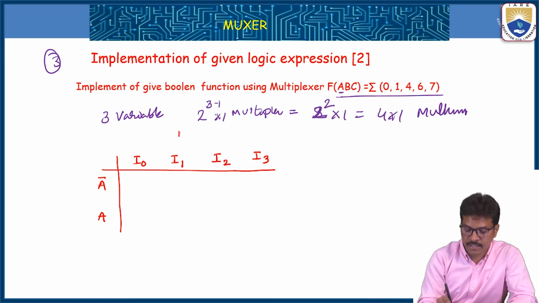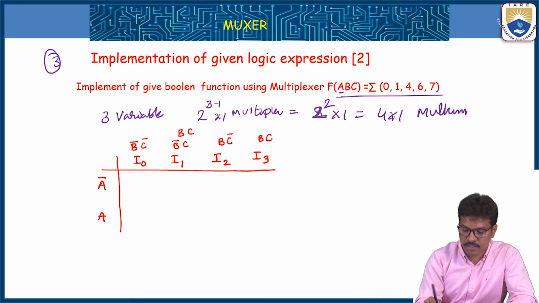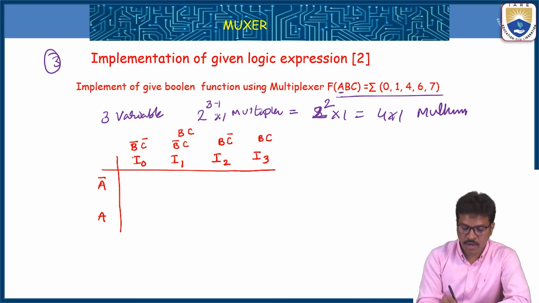For BC, it is 0, 0, B bar C bar, B bar C, B C bar, BC. So for A bar, B bar, C bar, we can take 0.